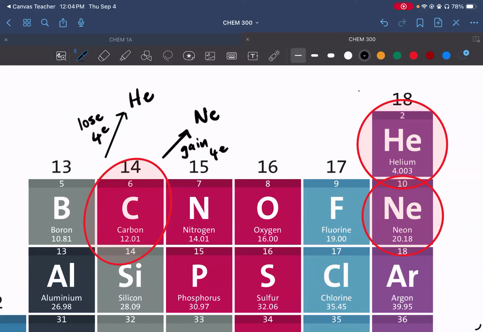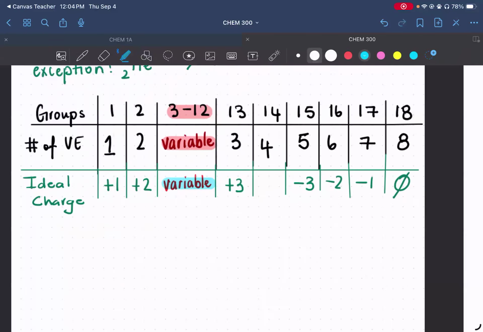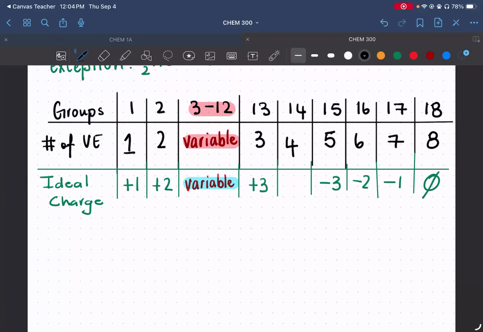So in terms of our numbers game, it's the same, so there's quite a choice to be made. I'm here today to tell you that group 14 will always lose electrons. So its predicted ideal charge is +4.